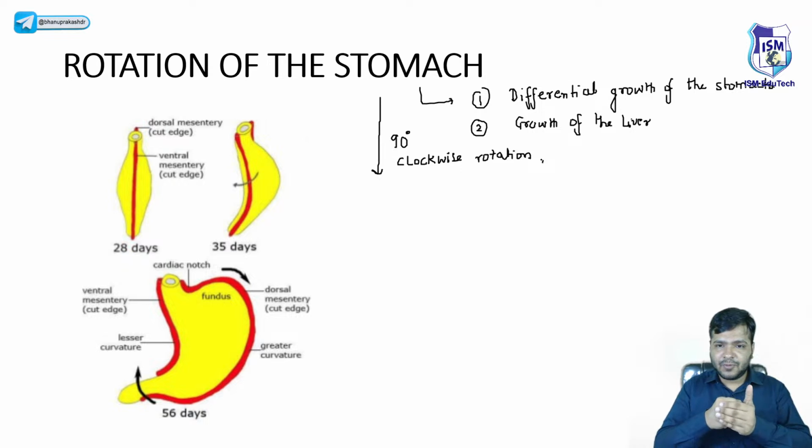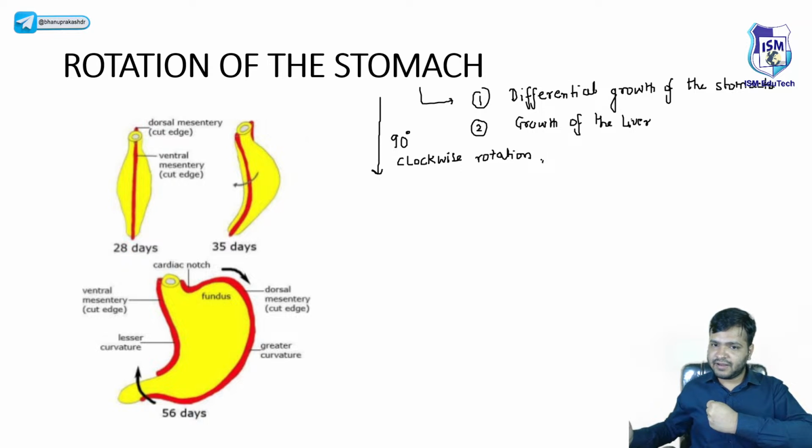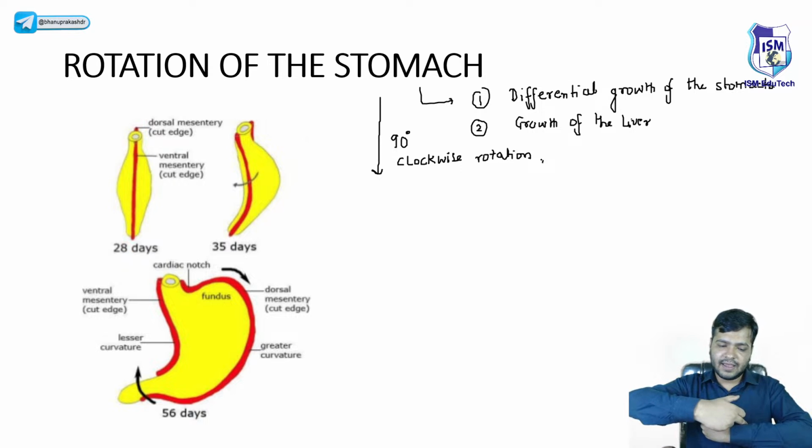This anterior border is now in front, guys, right? If I just rotate it 90 degrees, the anterior border will be towards the right, and the posterior one will go towards the left, right?